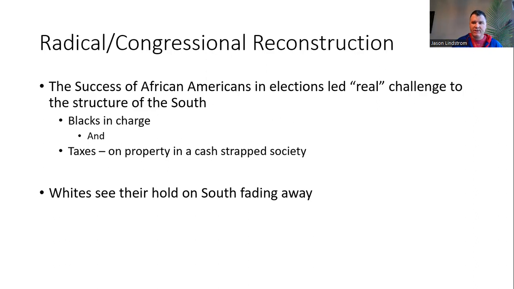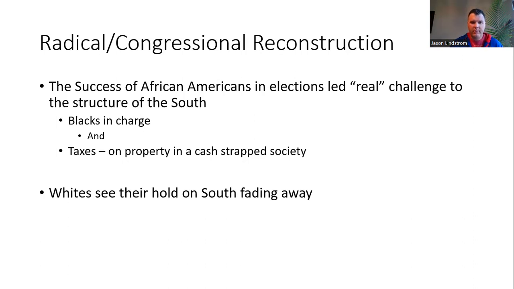And so this election of African Americans to office really changes the structure of the South. You go from an enslaved people to people that are probably in charge and running the state within 10 years ish, a little bit less. So this is going to change the way society is structured.